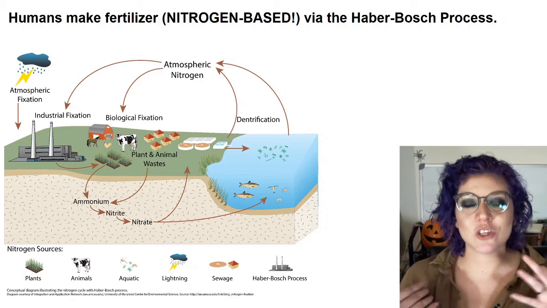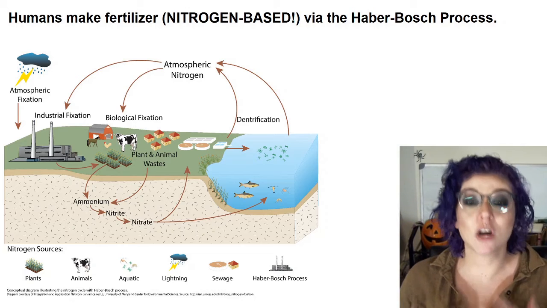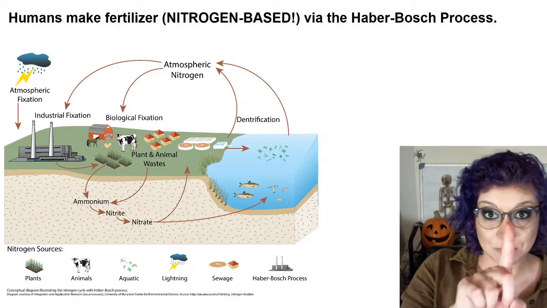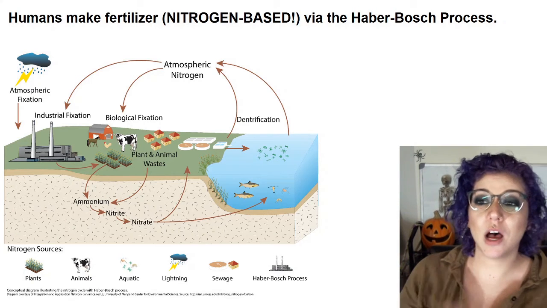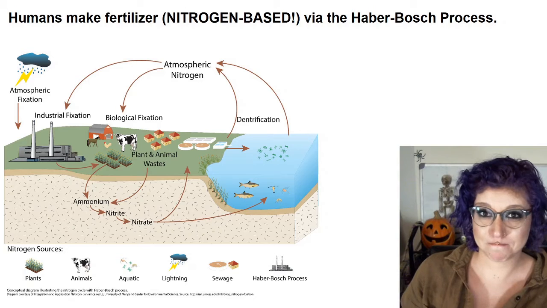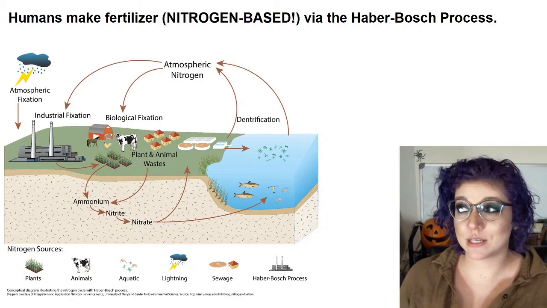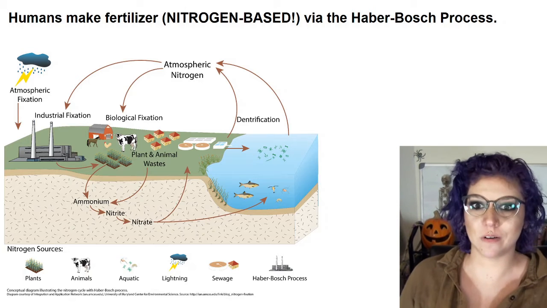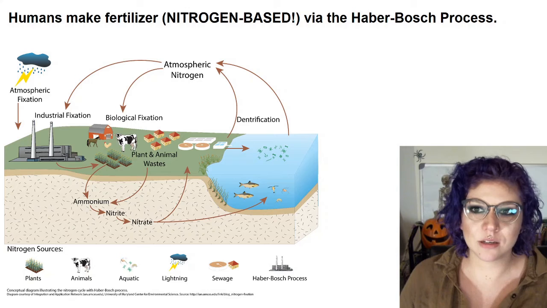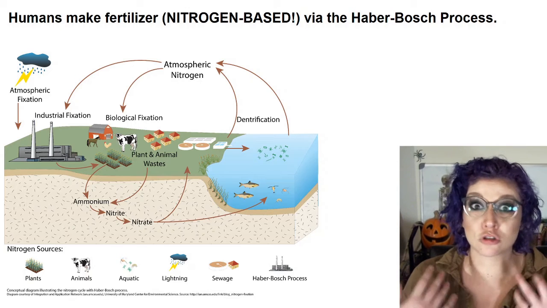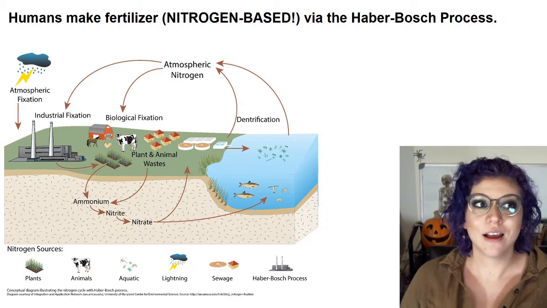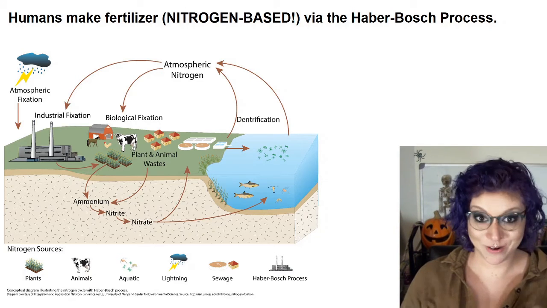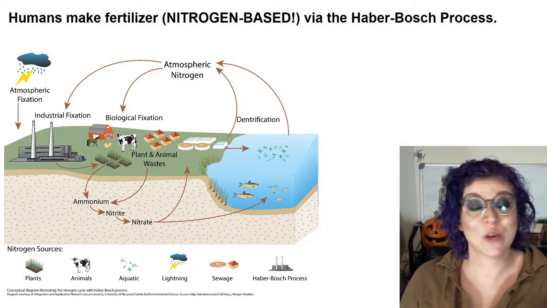So humans commercially develop a lot of fertilizer, which is nitrogen-based, through the Haber-Bosch process. The Haber-Bosch process is, y'all, so important to humanity in general. This process creates so much fertilizer each year, and it has actually been attributed to helping boom humanity's population because we had more crops.